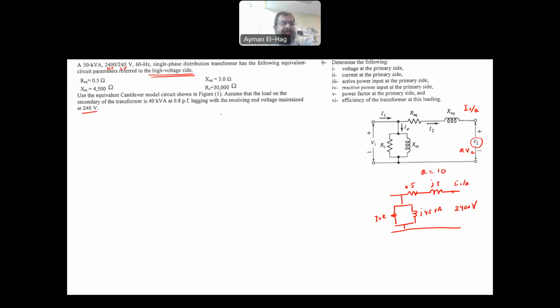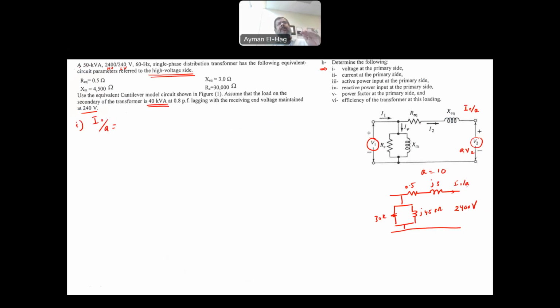Then the first question says, find the voltage at the primary side. So we want to find V1, this voltage. To find this voltage, we need to apply KVL. Now we know everything except I2 over A. Your I2 over A is equal to the rated value or the S, which is given to you here as 40 kVA, which is less than the rated value.